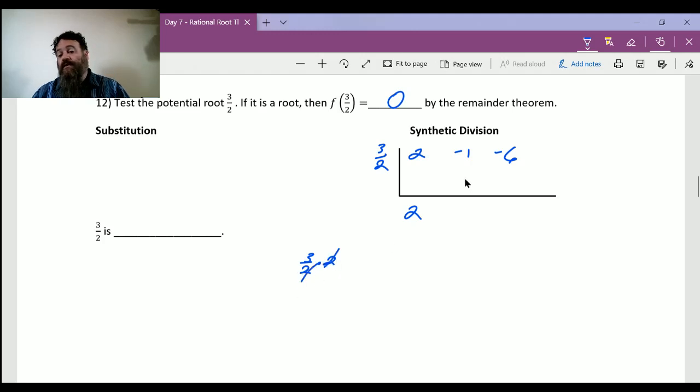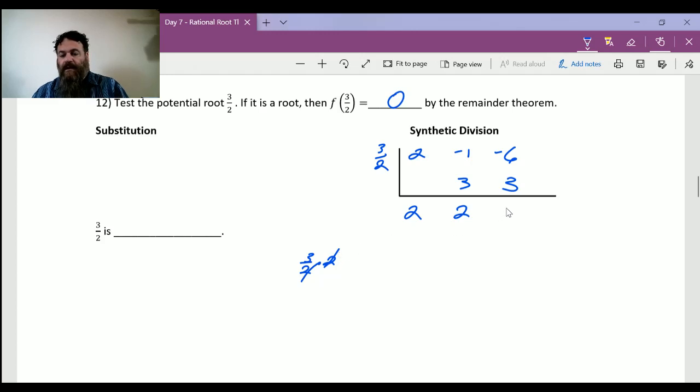You end up with 3 here. Minus 1, that gives you 2. Again, you can use a calculator if you're not comfortable with fractions, but you do end up with 3 in this case. Same result as what you got before.